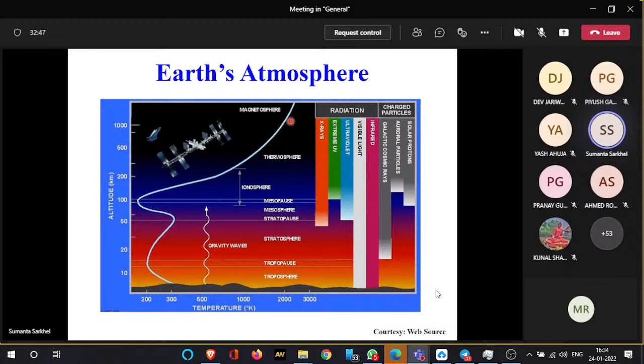Although a huge amount of radiation can be absorbed by some molecules and atoms, if there are very few collisions, this huge amount of energy cannot be transferred to the other molecules and atoms. So that is the reason the temperature becomes almost constant. It neither decreases nor increases.